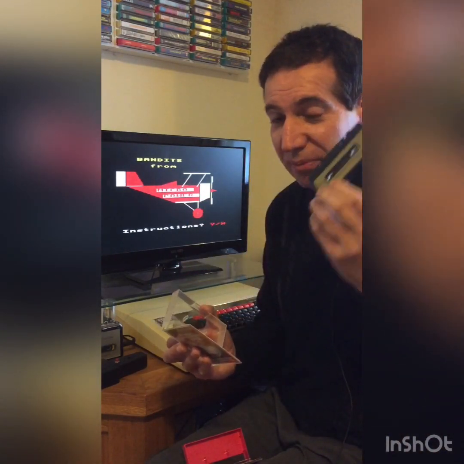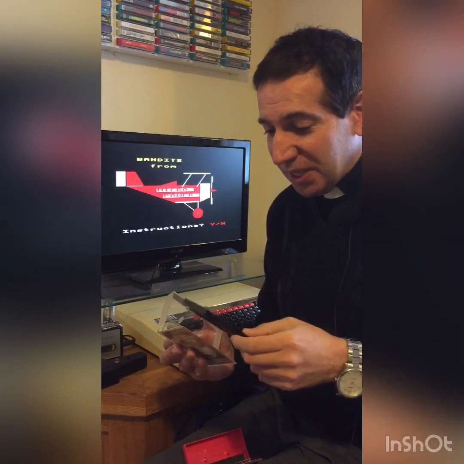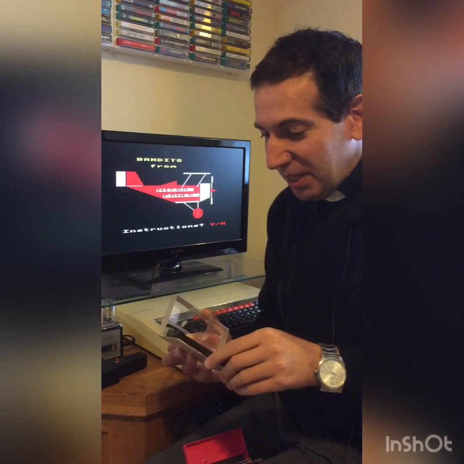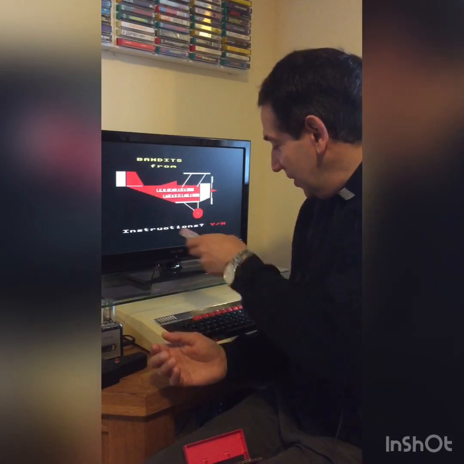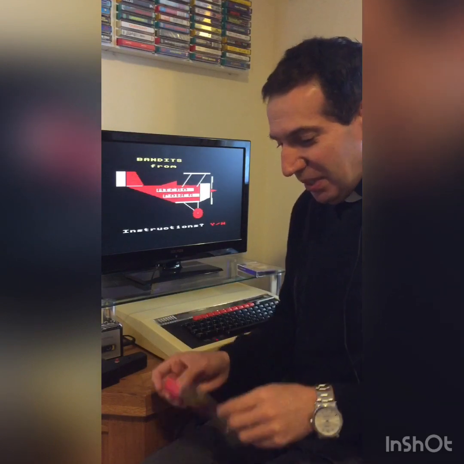This is a musical cassette tape. So maybe there are some lying around at home, but you can have music and computer games on a cassette tape, and you put it into a tape recorder which is connected to the computer, and you play the game from there. So the game we're going to play just briefly is Bandits at 3 o'clock.